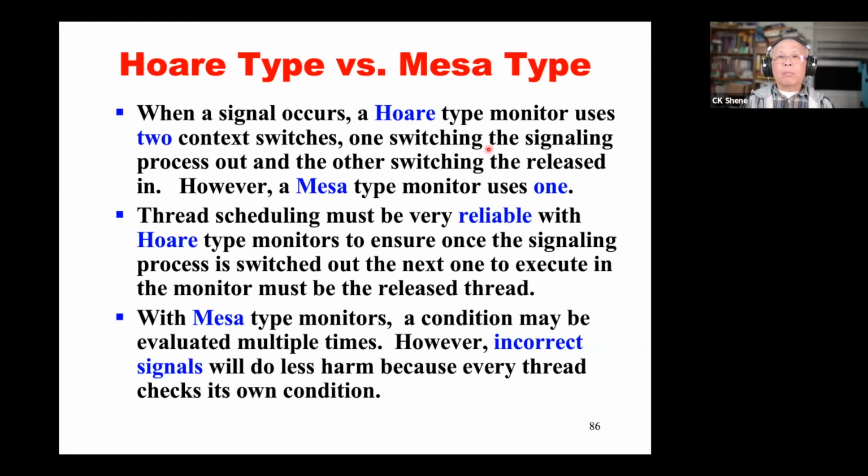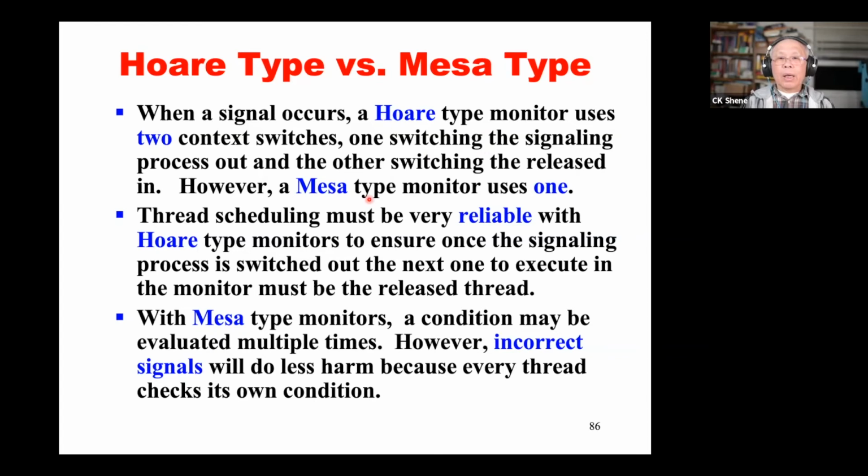That thread must be suspended. We need one context switch to do that. And then a thread is released from the condition variable. We need another context switch so that the released thread will be able to run, or be switched in. So we need two context switches.